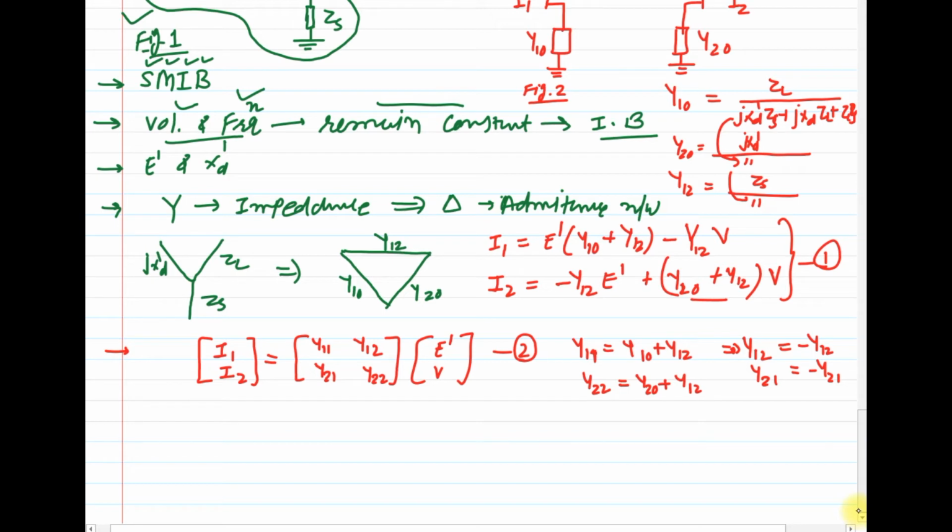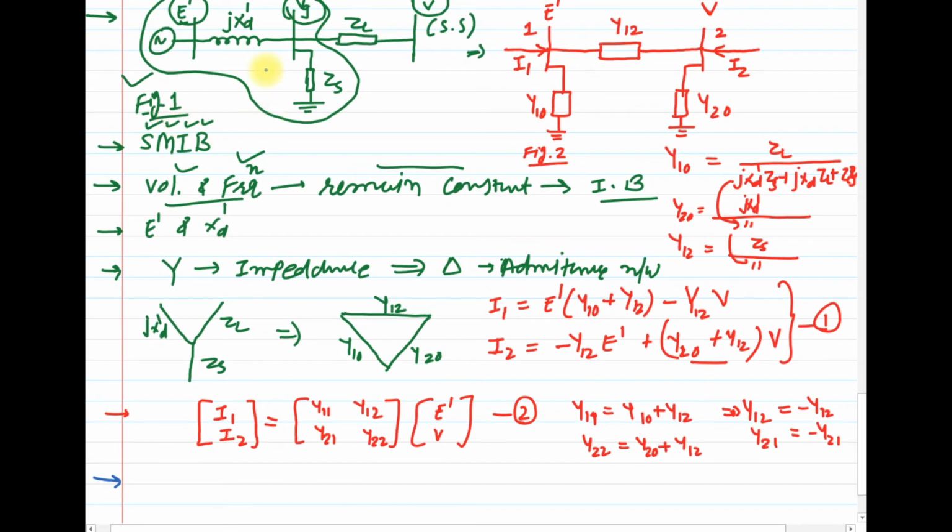Well, next you have to calculate the power injected by the synchronous machine into the system.